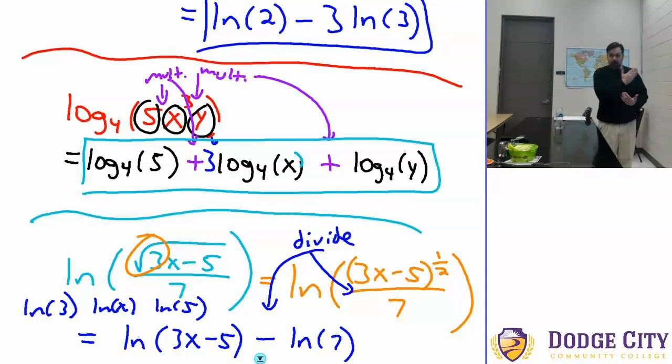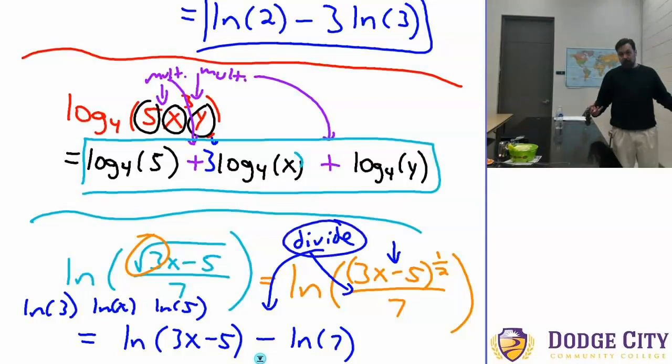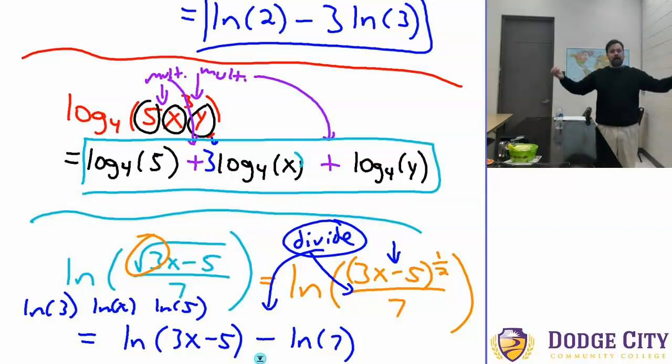Because if you look at the rules closely, what kind of logarithms can we break apart into separate logarithms? Logarithms where there's multiplication or division, and that's it. You cannot split up a logarithm if you are adding or subtracting with the elements that are inside of that logarithm, right? So because we have a division, we can split that division up into separate logarithms. That's why we're getting 2 here. But that's as far as we can go because that subtraction, 3x minus 5, prevents us from breaking it apart any further.